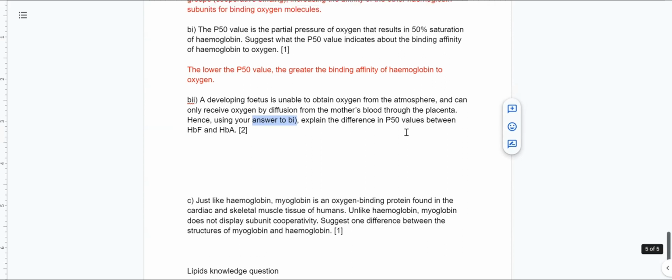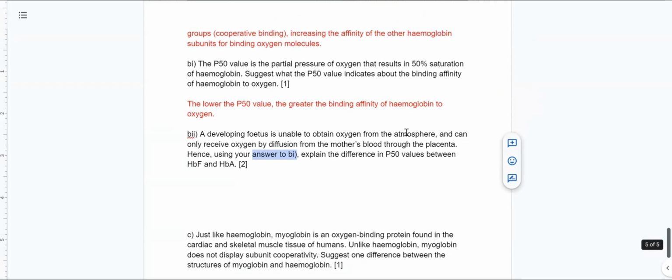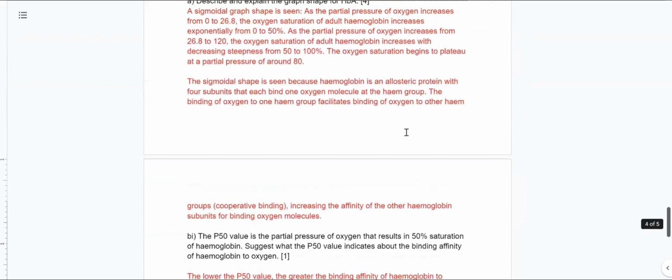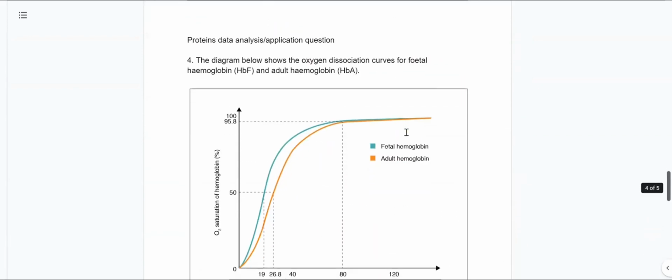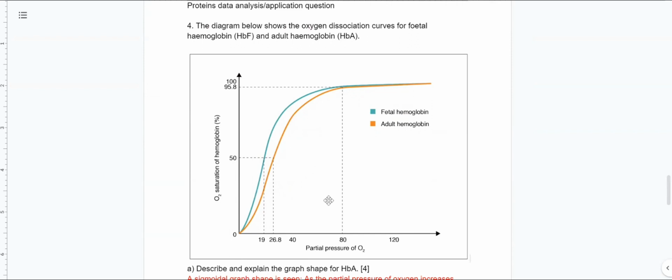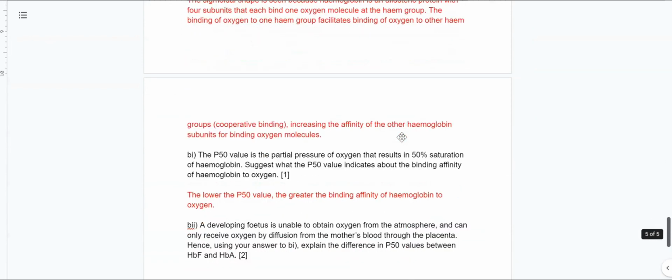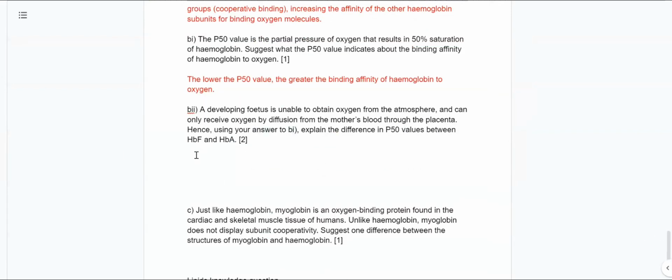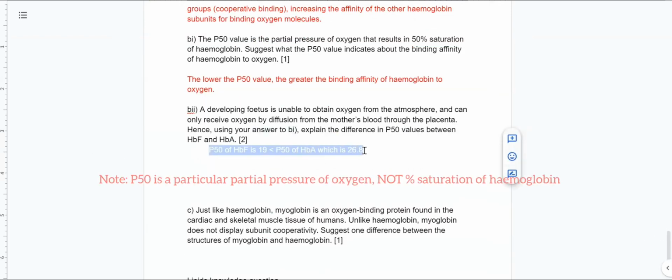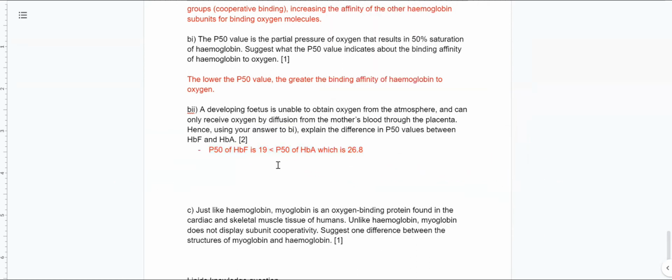At this point, we can just check back at our graph and compare the P50 values of HbF and HbA. And we notice that HbF actually has a smaller P50 value of 19 compared to the P50 value of HbA, which is 26.8. So we can first start off by quoting this piece of information from the graph, that the P50 value of HbF is lower than that of HbA.